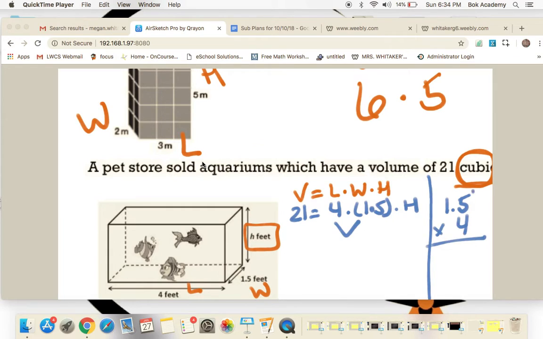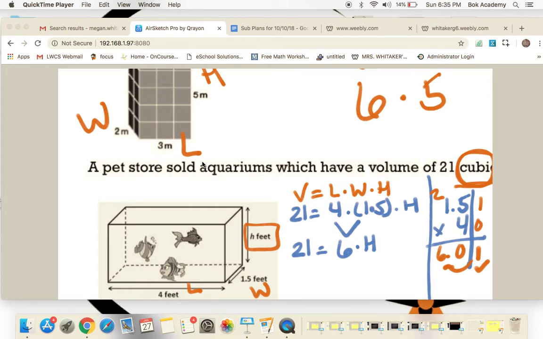And I always make my students make a line, and ask how many decimals do I have to bring out? 1, none here, so I'm going to bring it back over a total of 1, and I multiply. 5 times 4 is 20, carry my 2, 4 times 1 is 4, plus 2 is 6, and then I remember to bring my decimal over 1. And I have 6.0. So now I rewrite it as 21 equals 6 times the height.